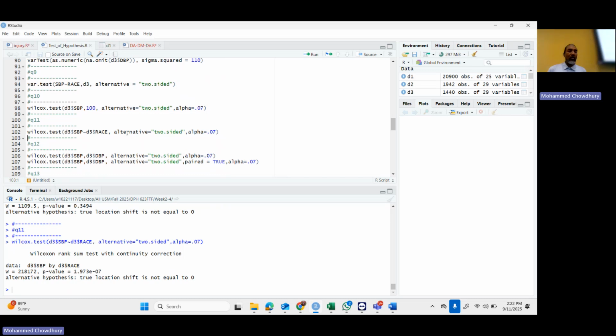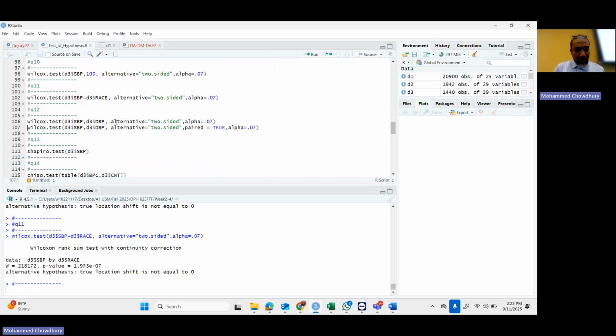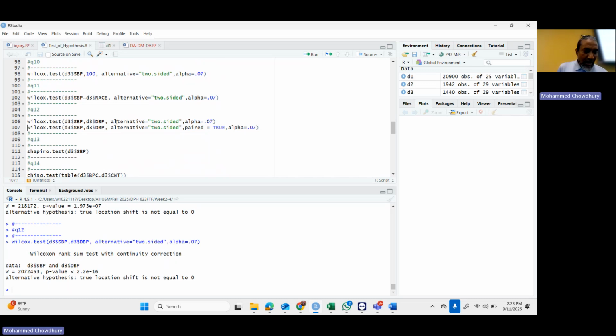African American and Caucasian median SBP are not the same because the p-value is less than 0.5. Question number 12: we want to test whether the median for SBP and DBP are the same or not by running a two-sided median test on SBP and DBP. We found that they are not the same.